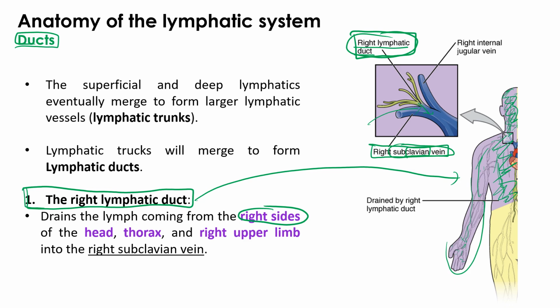So if you can find the clavicle, the collarbone, the subclavian vein is the vein that runs underneath that bone. That is the place where you can find the right lymphatic duct draining into the right subclavian vein. Pretty important. The lymphatic duct does not drain into the internal jugular vein. It is subclavian. Okay.